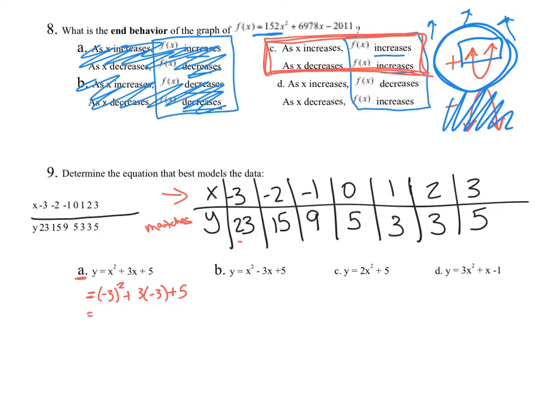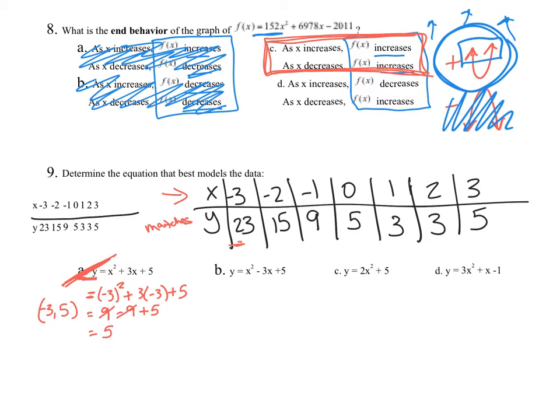So -3 squared is 9. 3 times -3 is -9, and then plus 5. So +9, -9, they're gone. So equals 5. So if we plug in -3, we get out 5. Is that true for this first one? Nope, it doesn't match. So A is not an option.